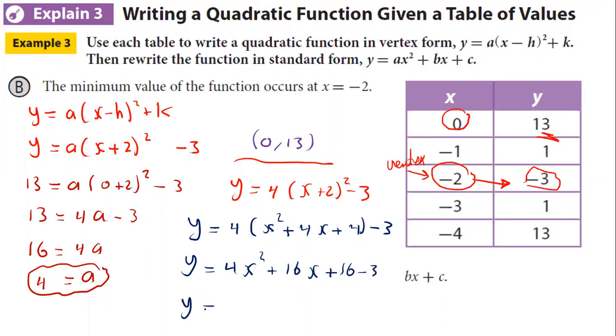So y equals 4x squared plus 16x. Combine 16 minus 3, it will be plus 13. So this is the quadratic function in standard form that represents this table.